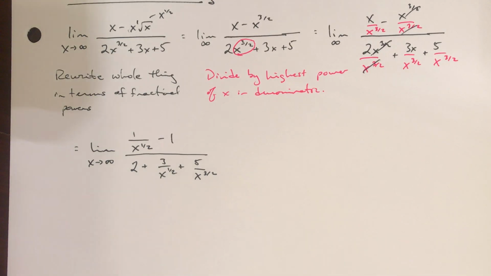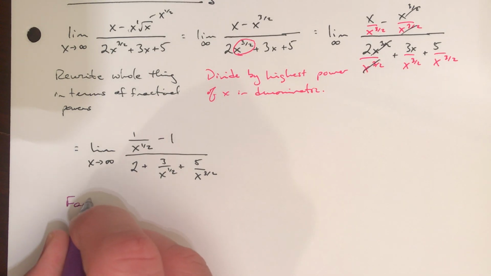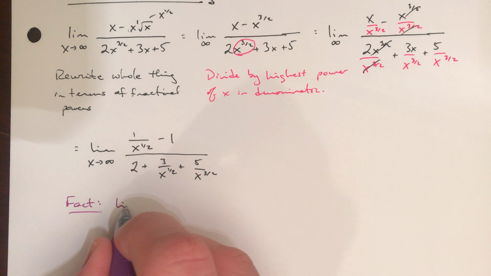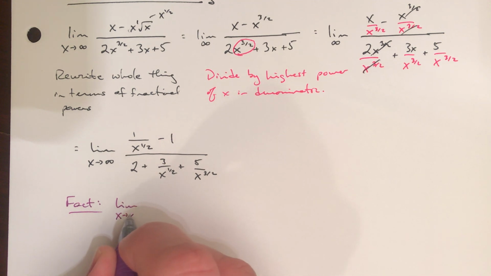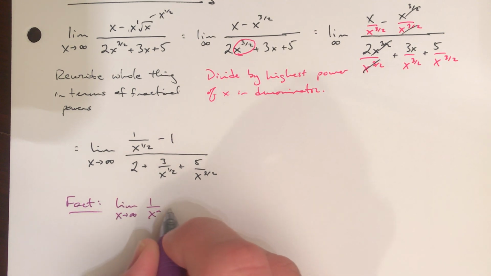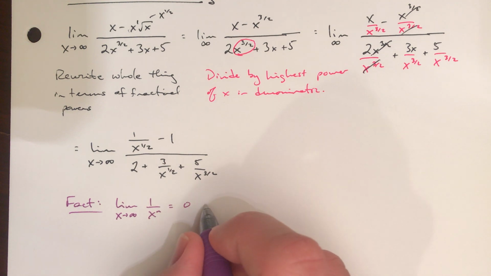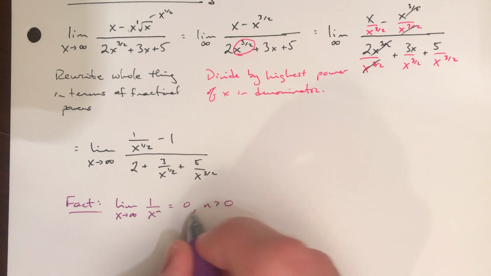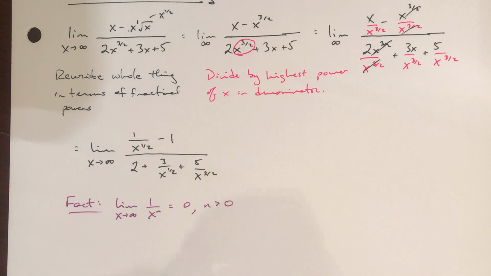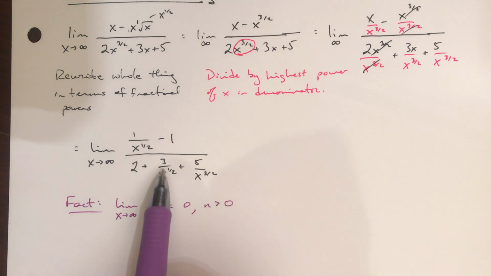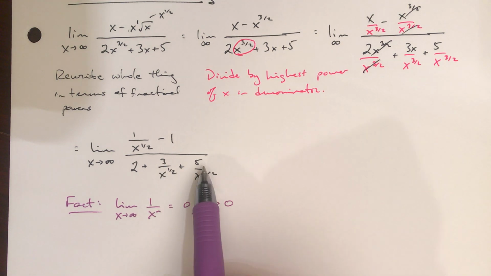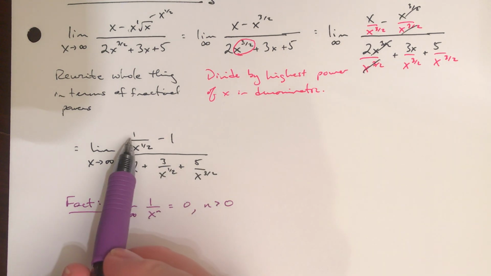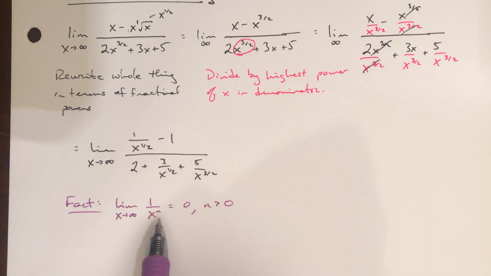And if you remember our little fact from last time, the limit as x goes to infinity of 1 over x to the n is 0 as long as n is positive. So any x in the denominator, and really we want some sort of constant in the numerator. So it can be 3 over x to a power, 5 over x to a power, or it could be 1 over x to some power.